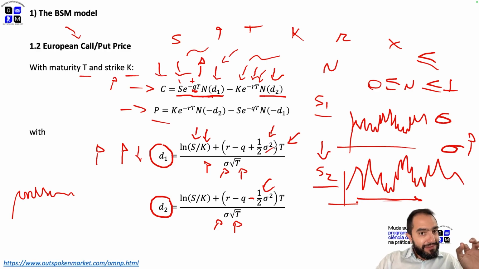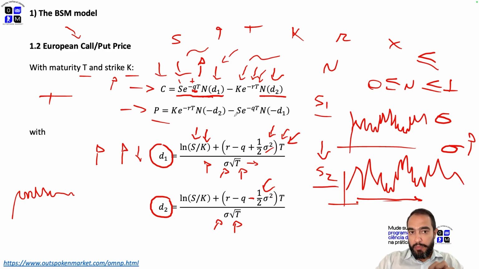Now, if the volatility is high, or in this case, we are going to assume that it's constant because we are speaking about the time to expiration T, what happens when we get closer to the expiration date? When T is really, really low.